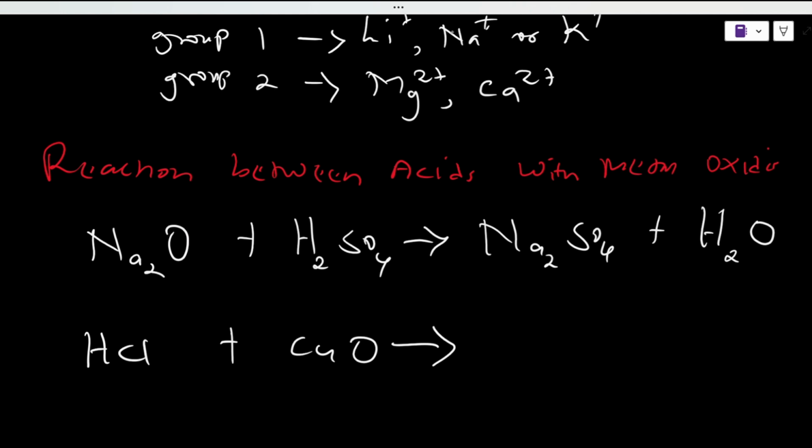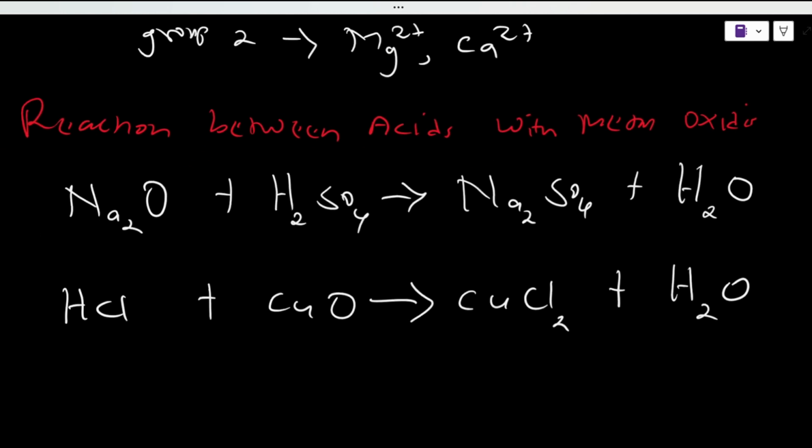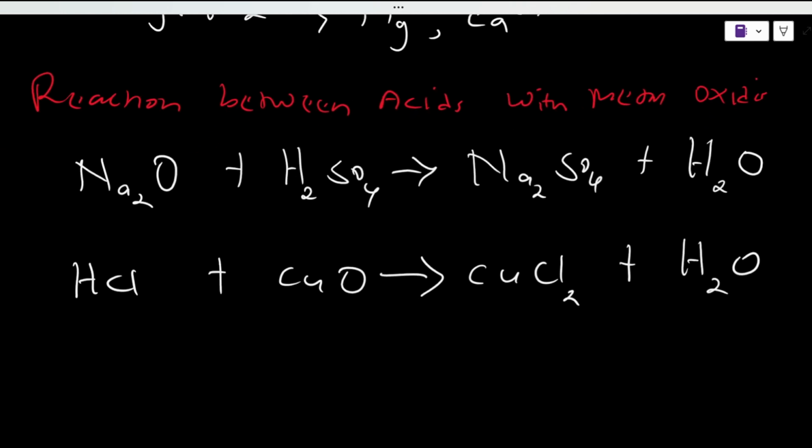It will form copper 2 chloride plus water, H2O. Now, hydrogens are 2, chlorines are 2. I simply put 2 here and the equation will be balanced.